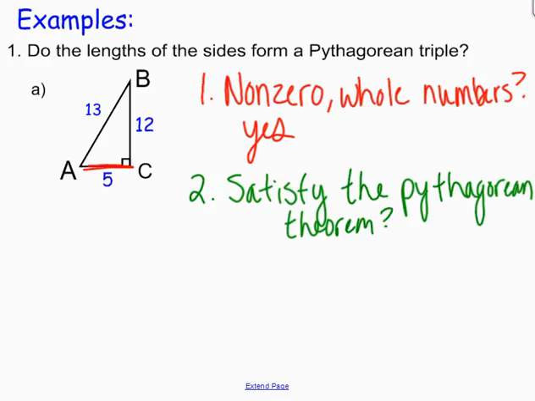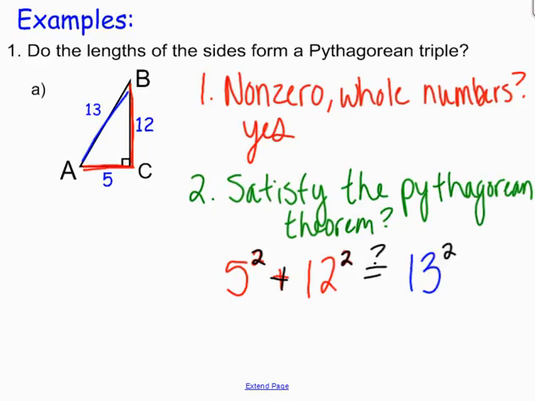So the Pythagorean theorem is when I take my two legs, 5 and 12, square them, add them together, and I need to see if they equal the hypotenuse squared. I put a question mark over the equal sign because I'm trying to check if that works.